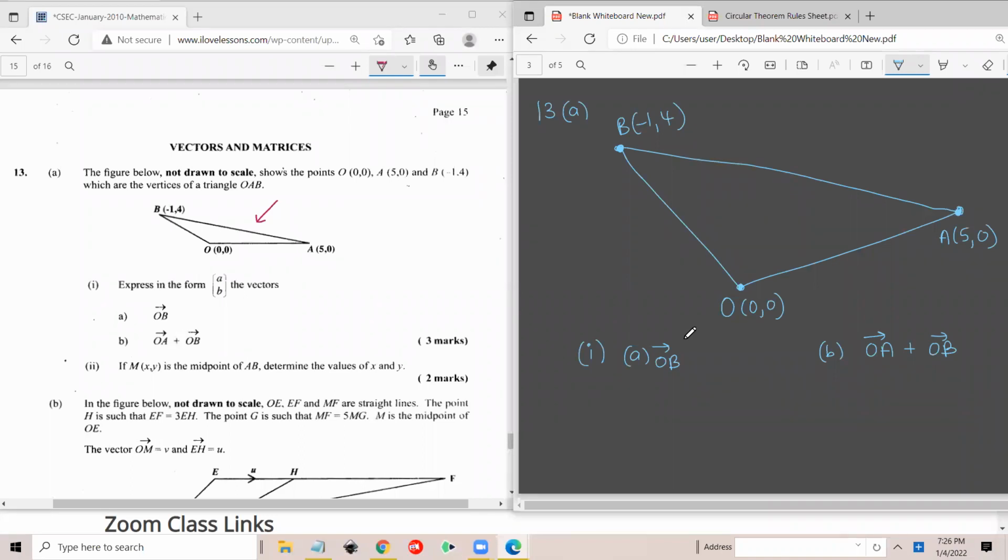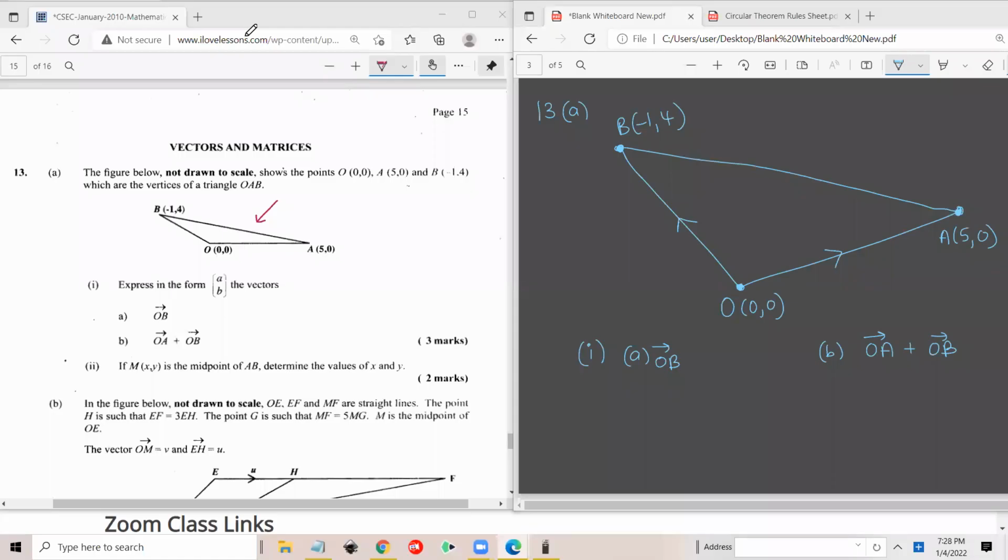And a lot of people are saying it. It's called a position vector because position vectors are connected to the origin. Now, position vectors, you should be happy when you see them.